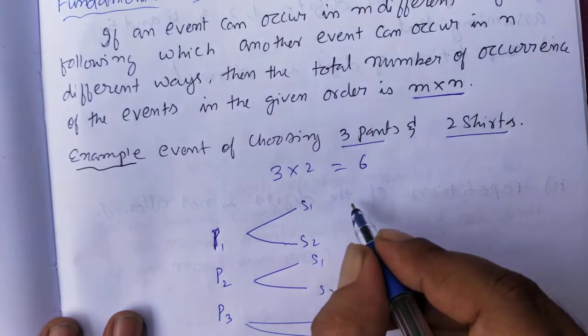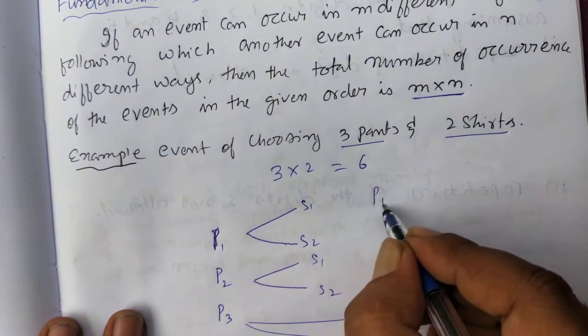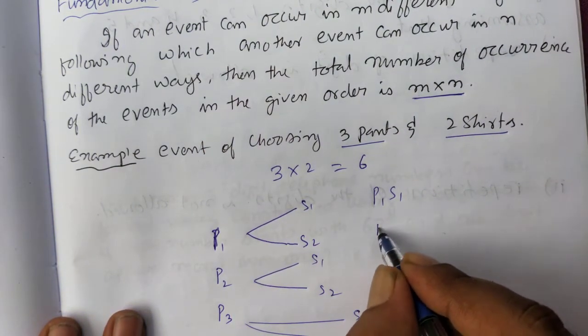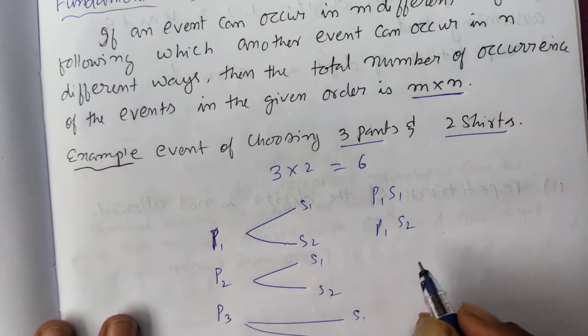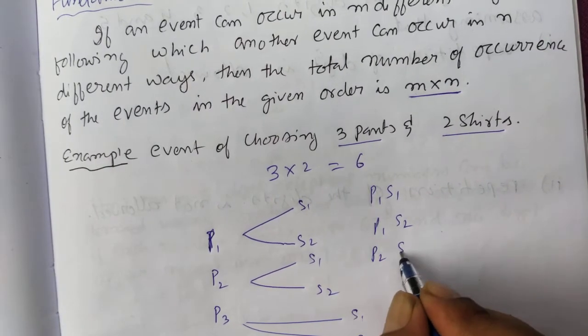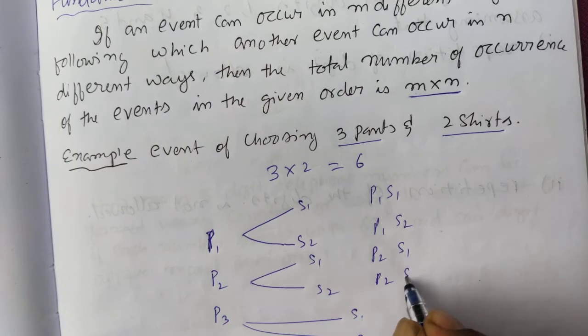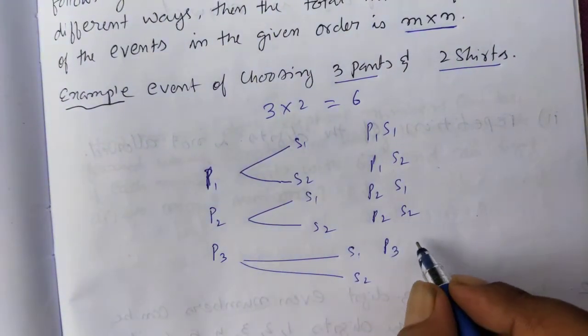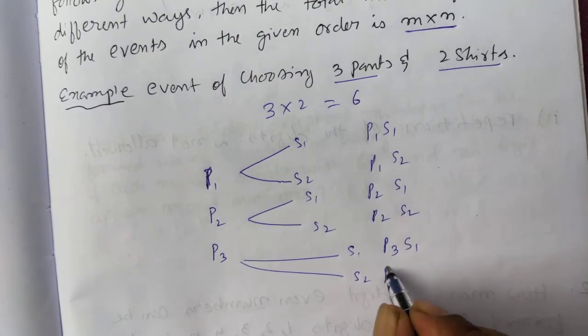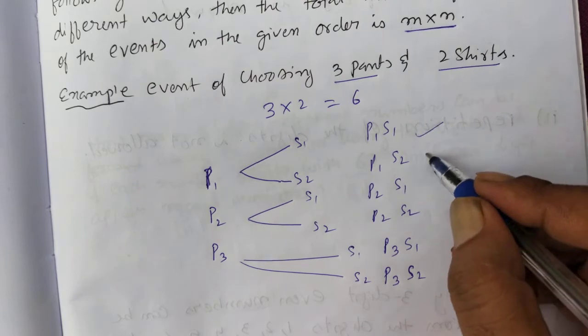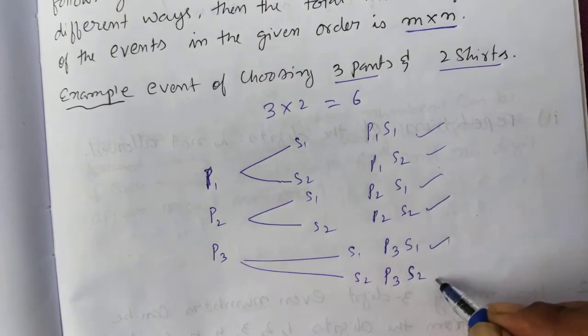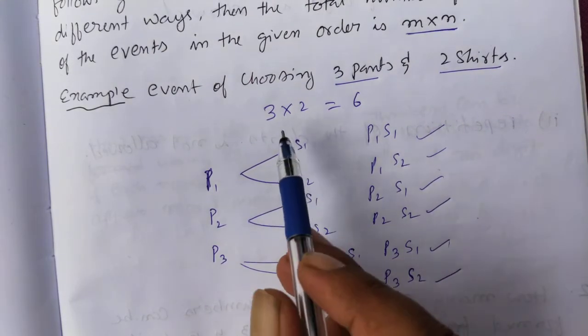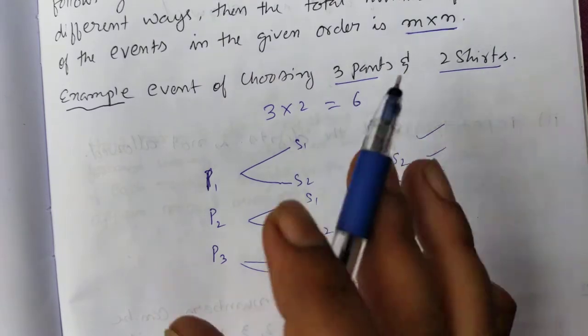That means you are putting pen 1 shirt 1 or pen 1 shirt 2, or pen 2 shirt 1 or pen 2 shirt 2, or pen 3 shirt 1 or pen 3 shirt 2. So how many ways are we getting? 1, 2, 3, 4, 5, 6 ways, but simply we can find it by multiplying 3 into 2.